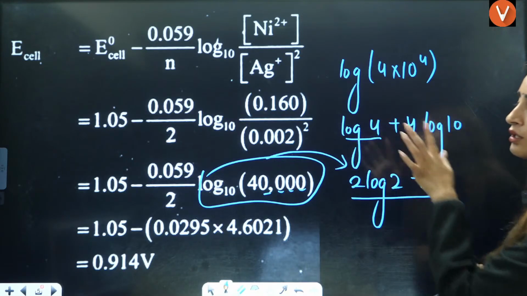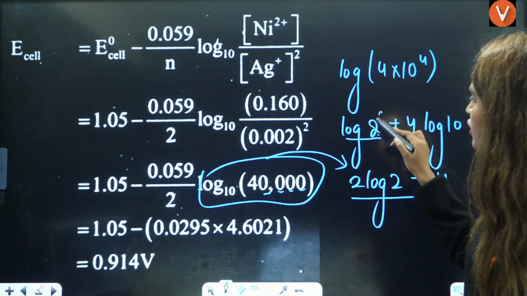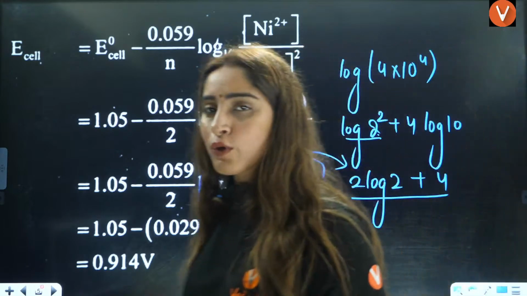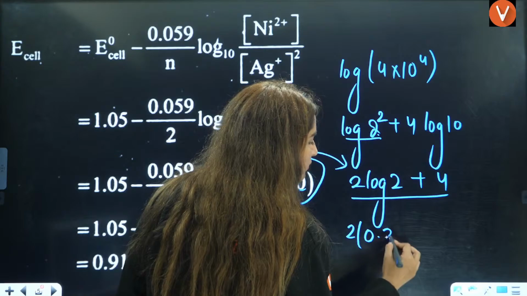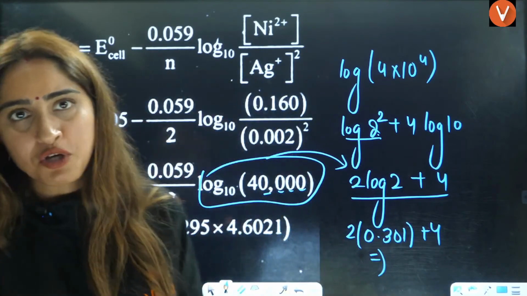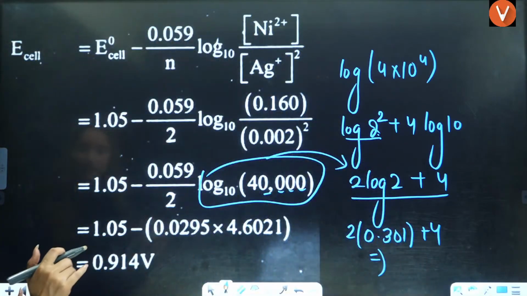Log 4 is nothing but log of 2 raised to power 2, right? So you can write 2 log 2 plus 4. 2 log 2 is 0.301, so you can just put the value 2 into 0.301 plus 4. You can solve the value of log of 40,000 here by yourself, right? Is that clear? Okay, perfect.